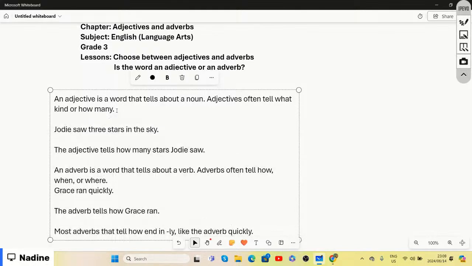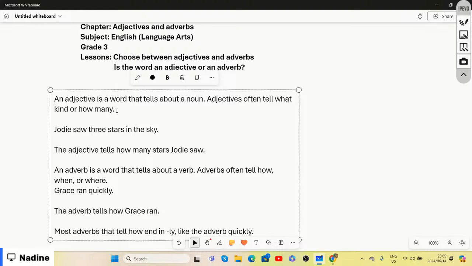And if it tells us how many, it doesn't necessarily just have to be a number like one to whatever number, right? If we say how many, then it can even be words like several, many, much. Those are a few examples of adjectives that tell us how many. Then they can even be adjectives that tell us what kind.